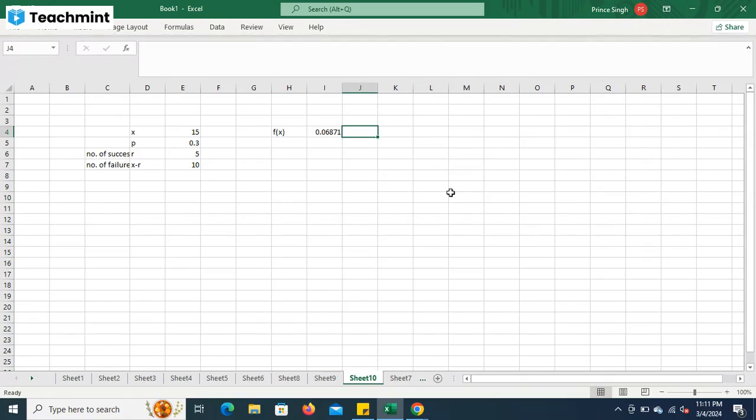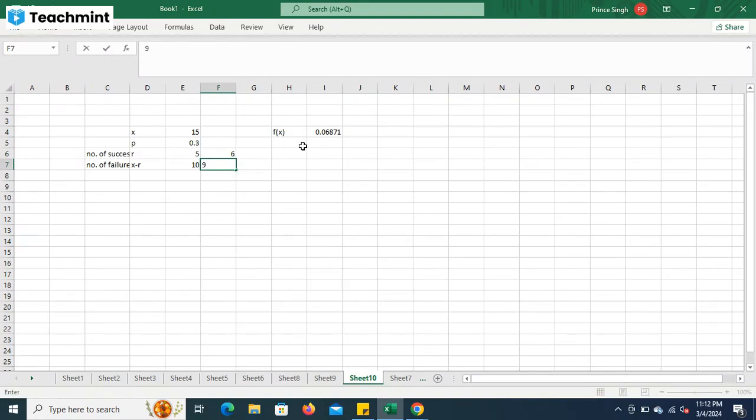Similarly, if we consider, for example, the number of successes as 6, then automatically what is x minus r? It will be equal to 15 minus 6, which comes out to be 9.